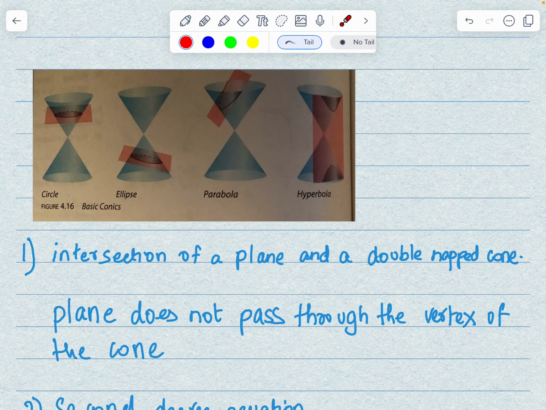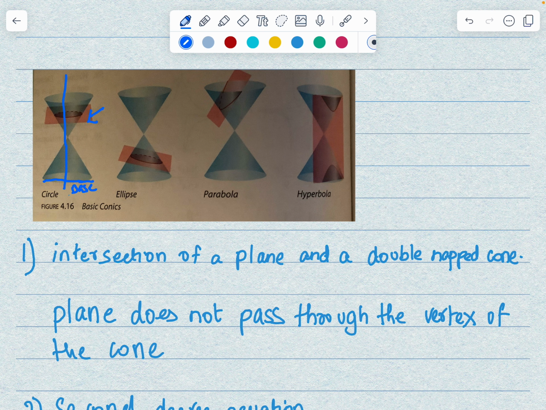If I were to draw the axis going down straight like this, you can see the plane is perpendicular to it. Sometimes you can also say that the plane is parallel to the base. So it's either parallel to the base or perpendicular to the axis.